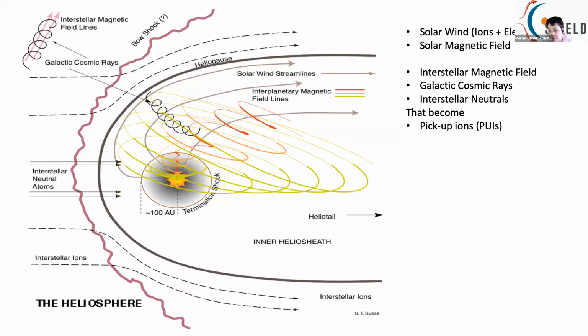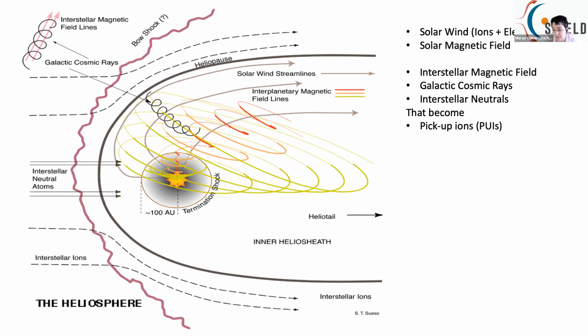I will come back to it later, probably in part 2, talking about some of the puzzles of the measurements that we see. We attribute that to the fact that those boundaries are not smooth. They're probably also rippled by turbulence, MHD instabilities and other effects. We do think that all of them are rippled. So it's true that in this diagram it's a little confusing why the bow shock is rippled and not the other ones.